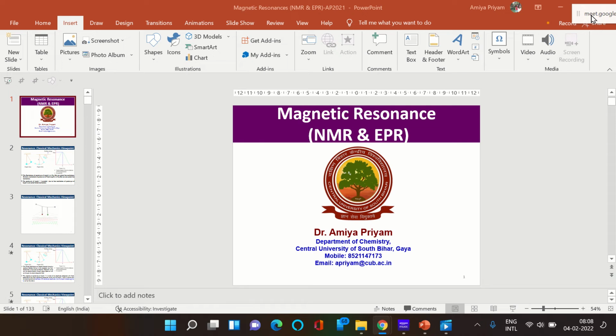Okay. So today we are going to start understanding a new concept in spectroscopy, that is magnetic resonance spectroscopies. In this category we have two techniques based on the phenomenon of magnetic resonance: NMR and EPR.